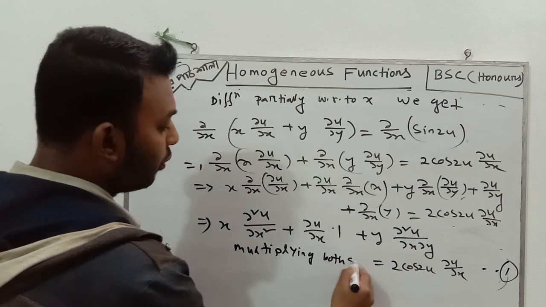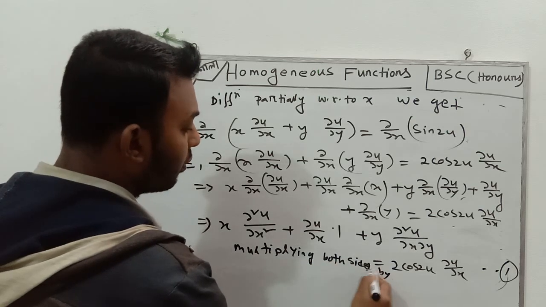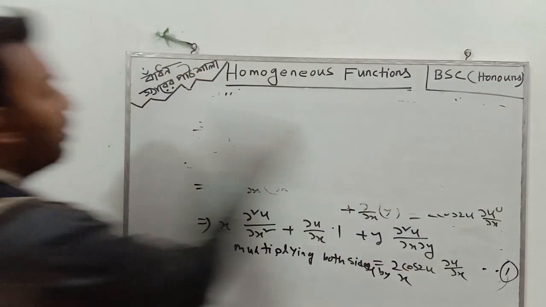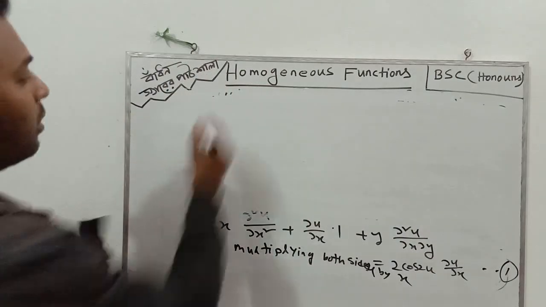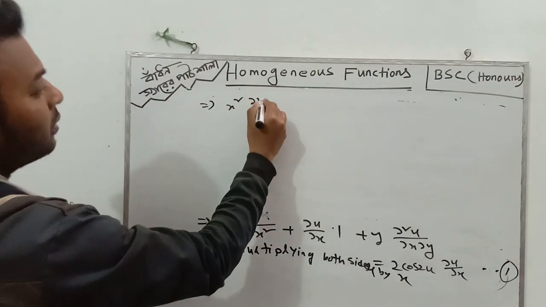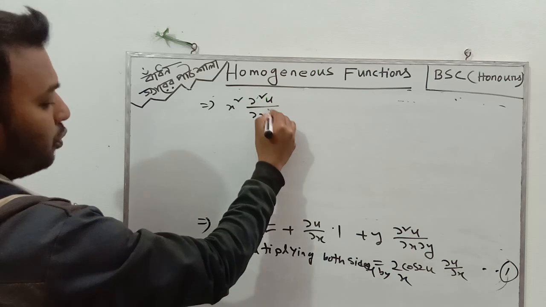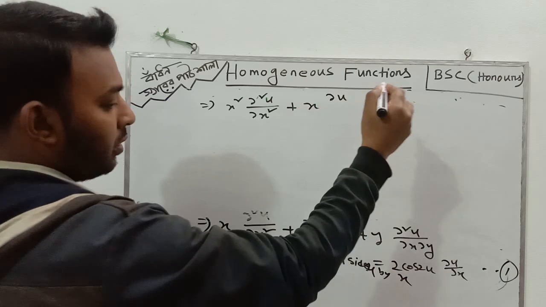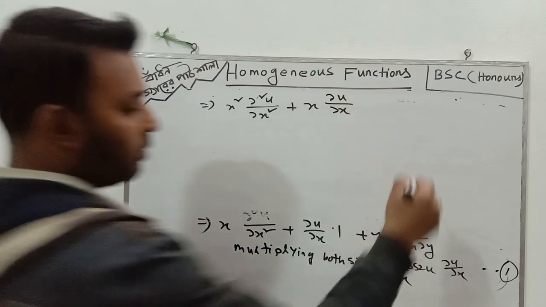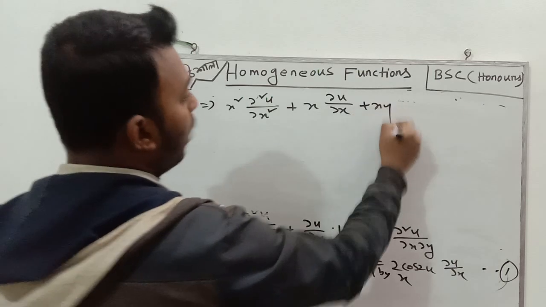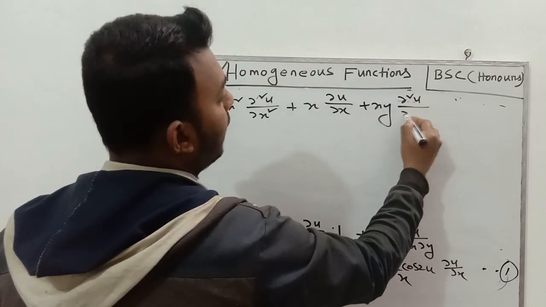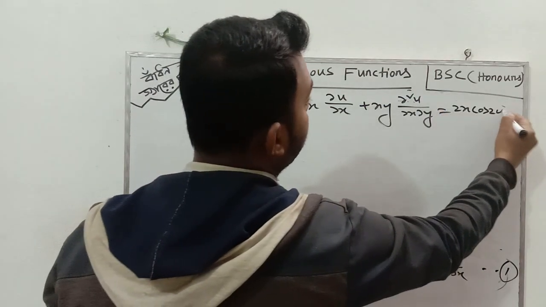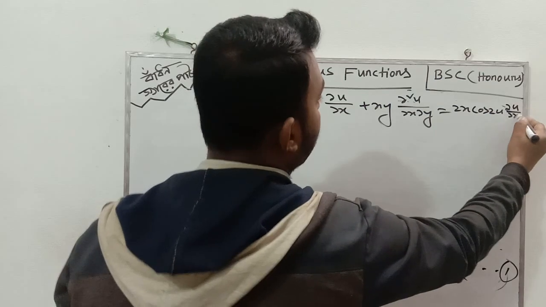If we multiply both sides by x, this equation will be in the form of x² ∂²u/∂x² + x ∂u/∂x + xy ∂²u/∂x∂y, this is equal to 2x cos 2u ∂u/∂x.